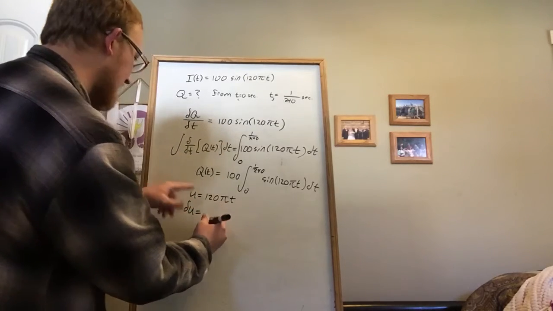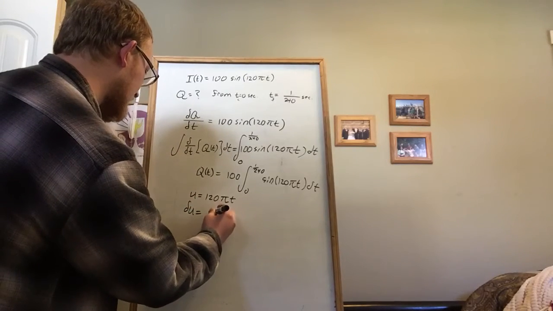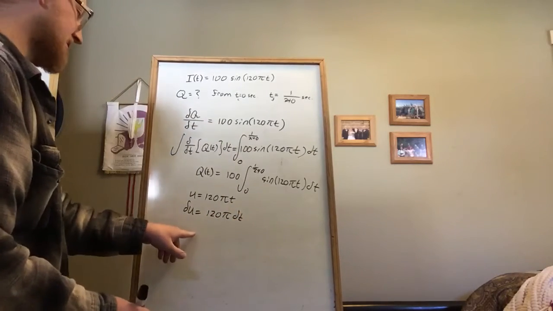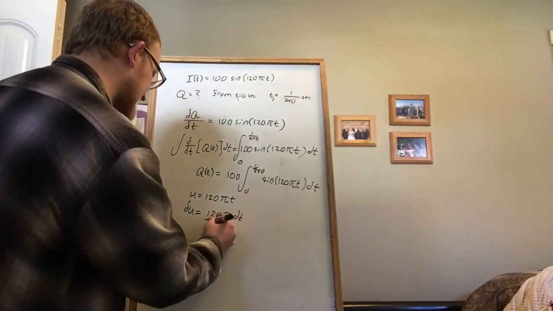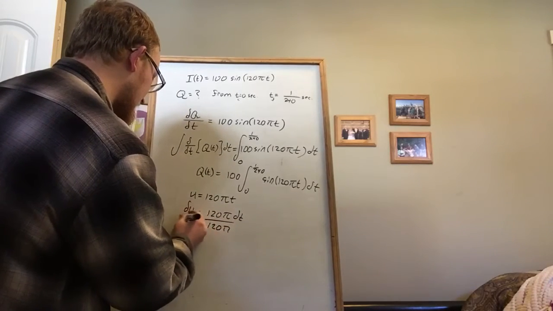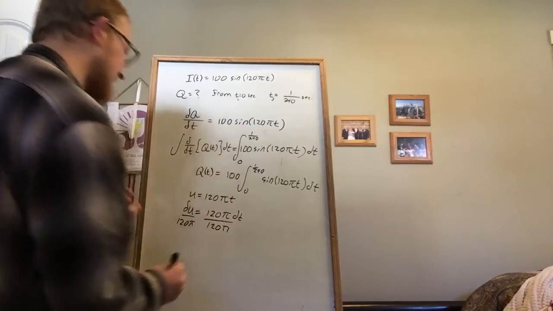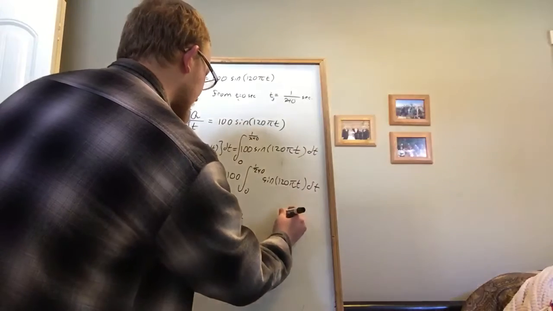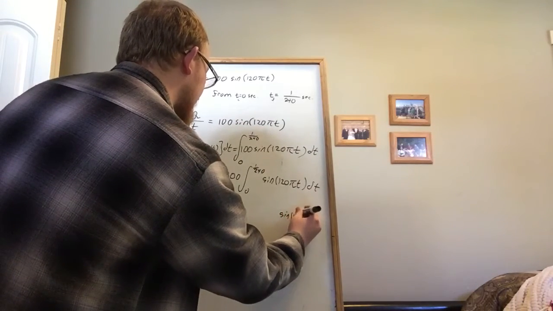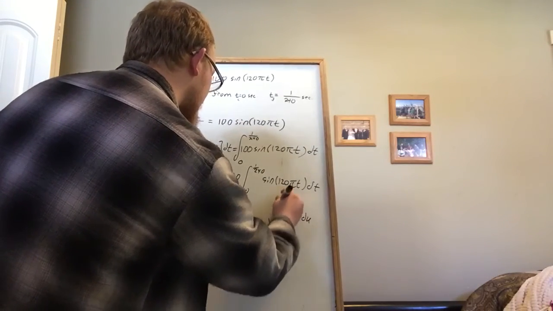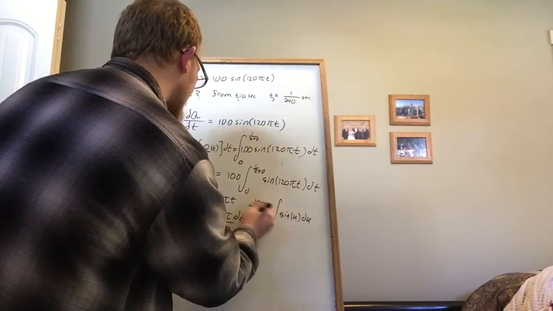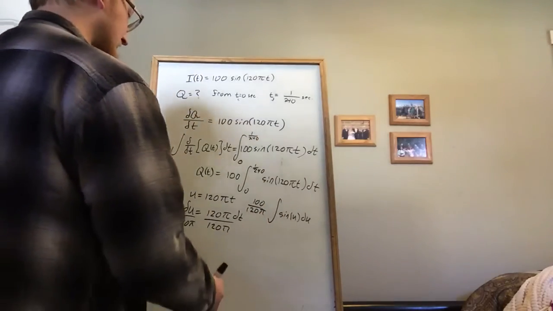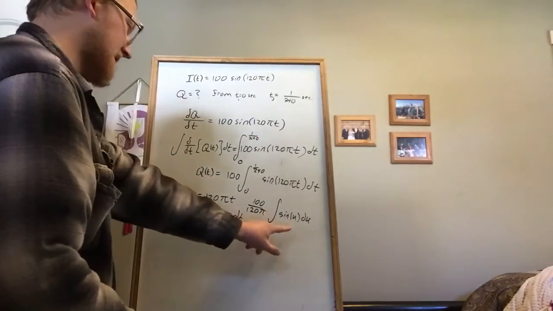So du is going to be 120 pi dt, and so if we want to substitute something in for dt, it's going to need to be du over 120 pi. So with that substitution, we end up with sine of u du, and then on the outside we have 100 divided by 120 pi. And now we're going to go ahead and take the integral of this.